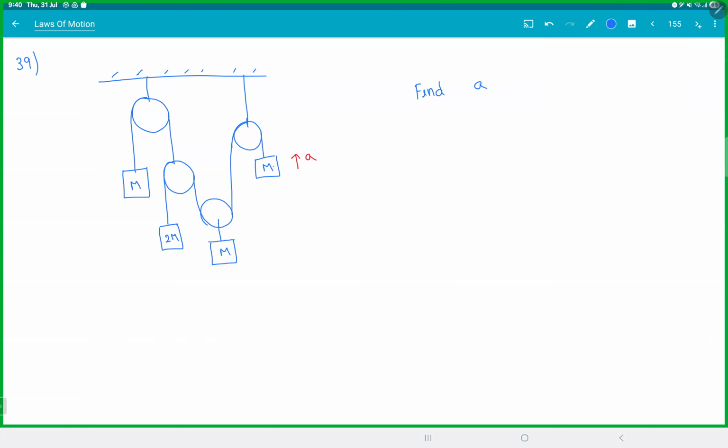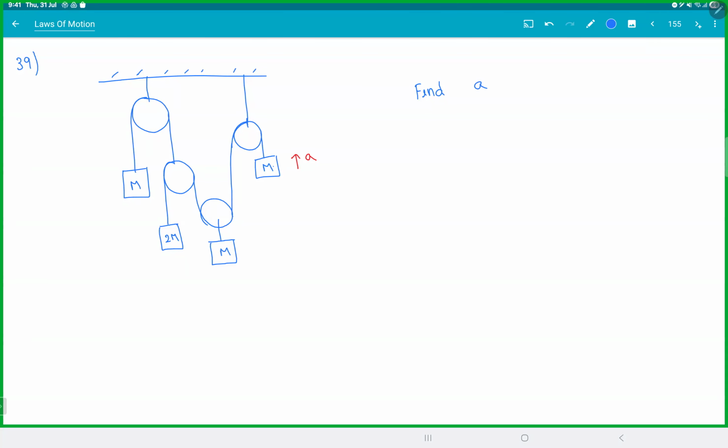Let's start off. Come on, everyone. Sir, can we use that method which you taught right now for systems like these?